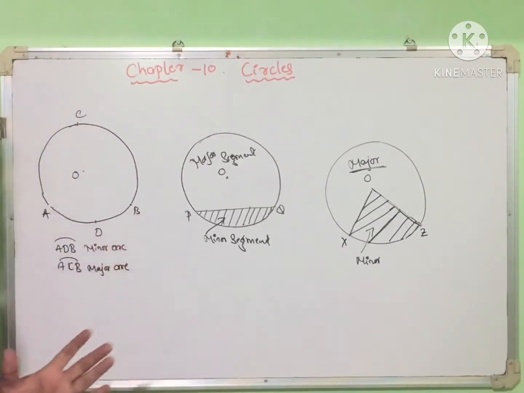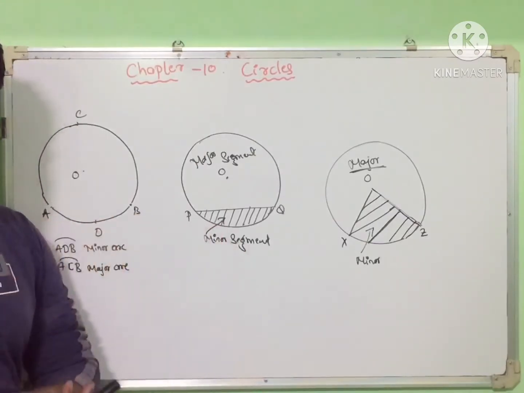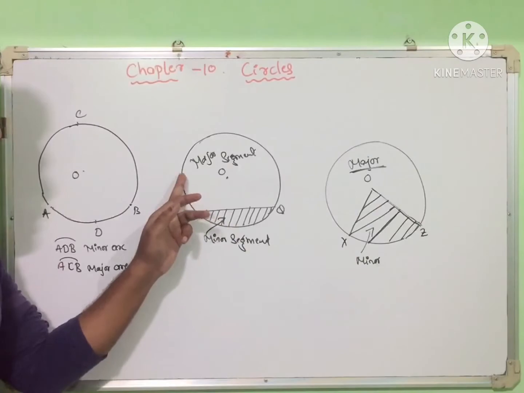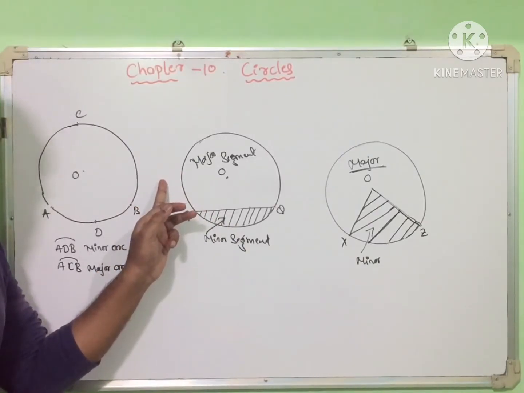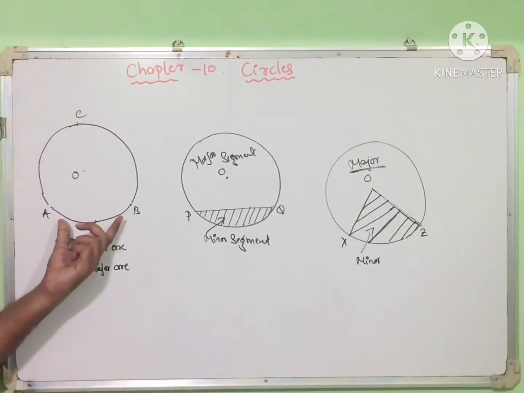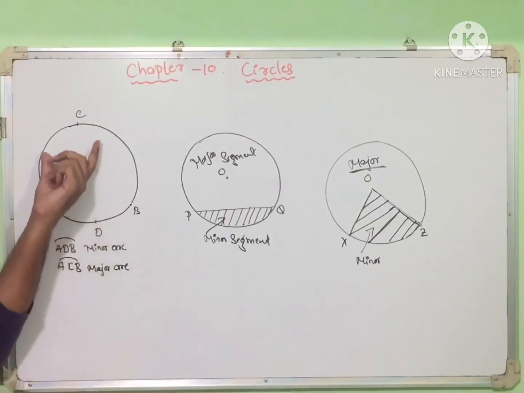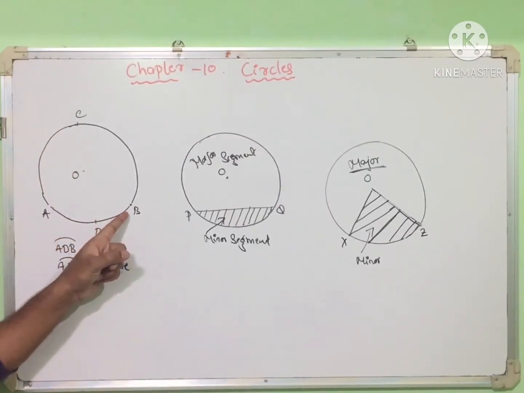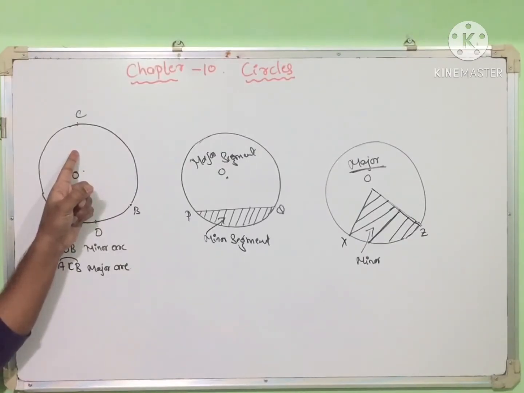And also the circle divides the plane into three parts. One is the interior, one is on the circle, and another one is the exterior, right? And the pieces of a circle are called arcs. So here minor arc and major arc, right?